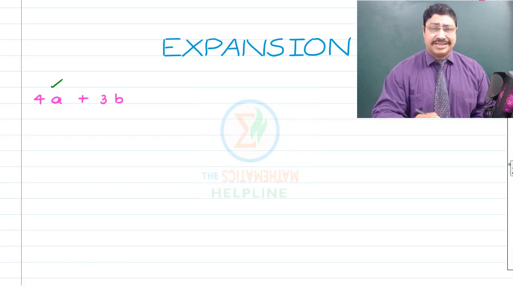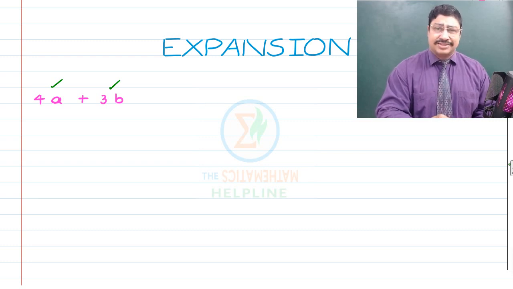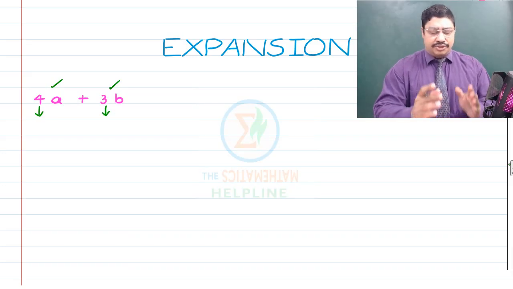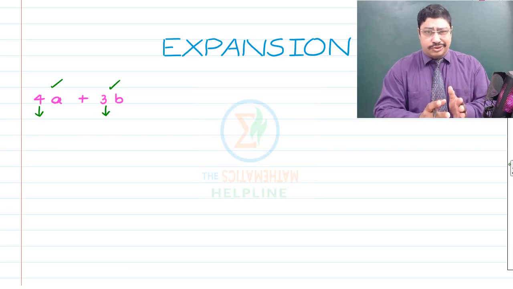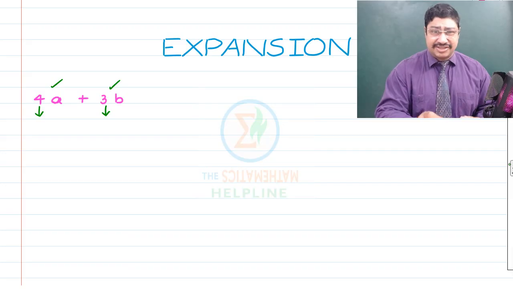One term is 4a and the second term is 3b. This algebraic expression has 4 and 3 as the constants and a, b as the variables. Such a binomial also has a separator, this plus sign, which separates the terms.